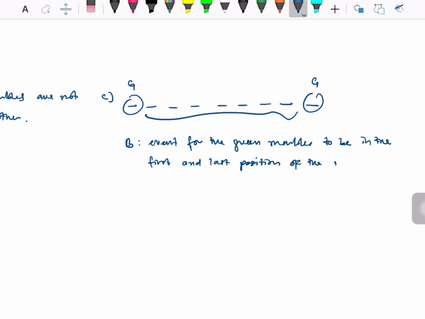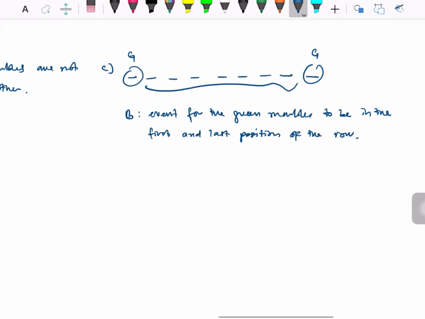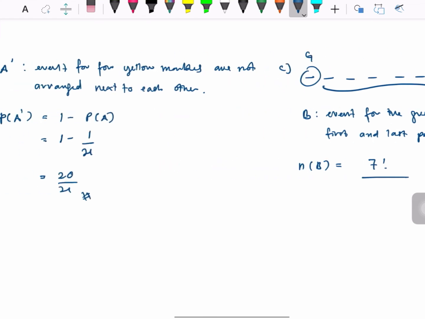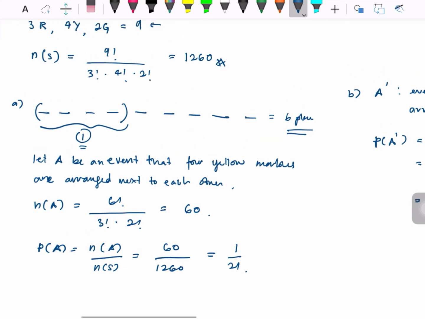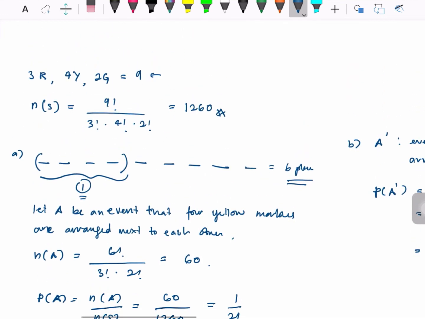Now we are looking for n(B), the total of event B, which is equivalent to, since we have 7 remaining places to be arranged, 7 factorial divided by, since the green marbles have been placed, the 2 identical objects left, 3 red and 4 yellow.